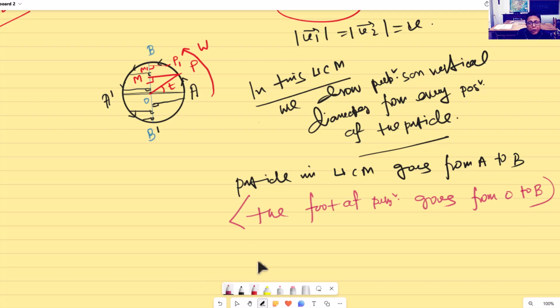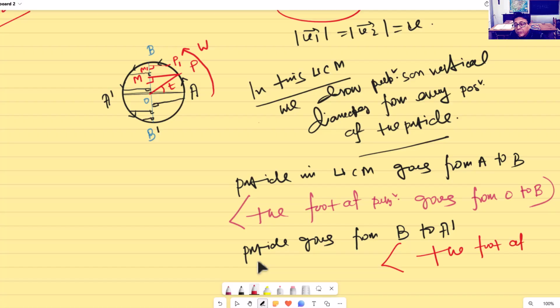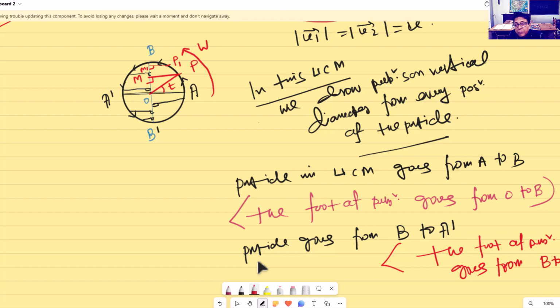The particle goes from B to A dash, I mean the second quadrant it covers. What is the result here? The foot of perpendicular goes from B to O.